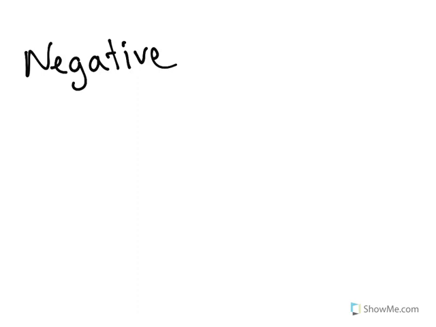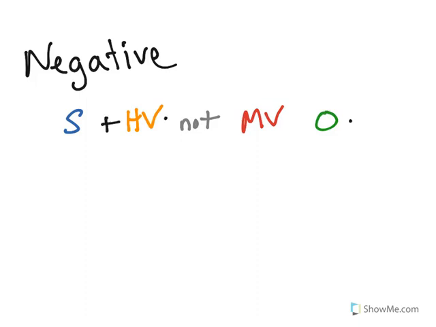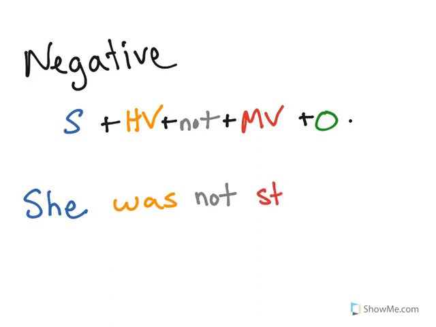Negative. The negative formula looks very similar to what we have seen before. I start with my subject, then I have my helping verb, not to make it negative, the main verb, and then the object. So let's do an example. Let's say she. If I use she, I use was, and then not, my main verb, study, plus ing.